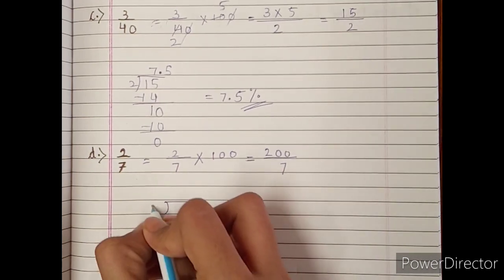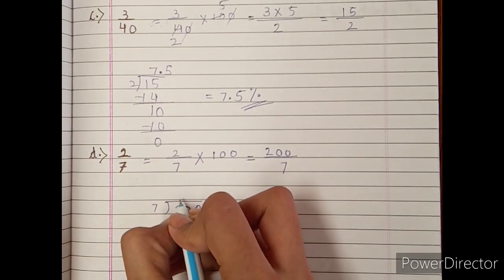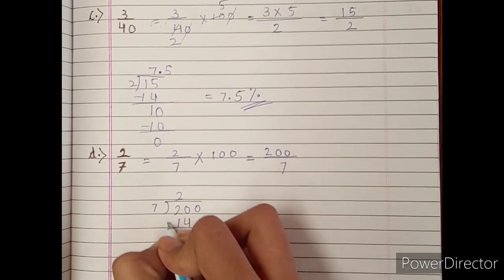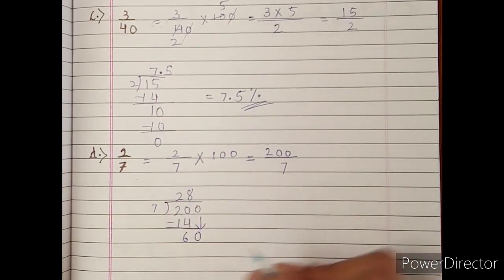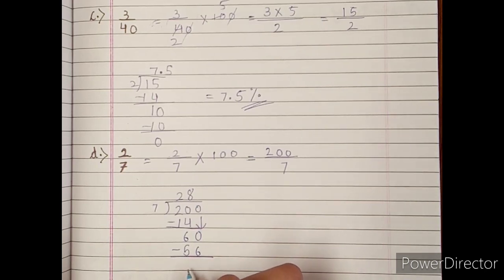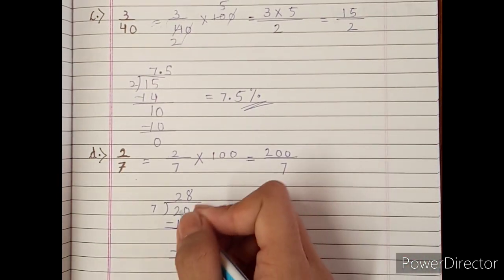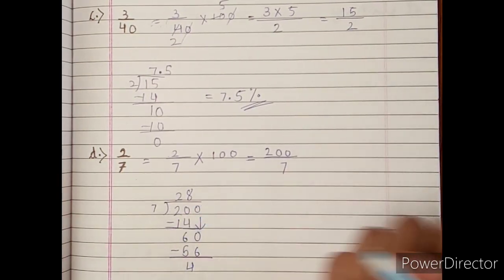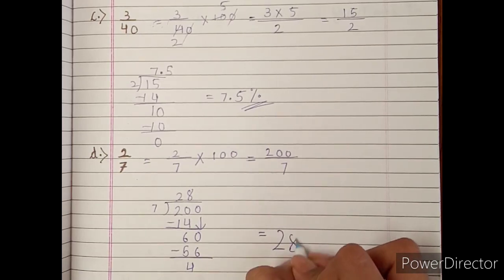So 200 divided by 7. 7 twos are 14. 20 minus 14 is 6. 0 down. 7 eights are 56. Minus, now 60 minus 56 is 4. If we don't have to calculate it further, add point and all, we can write it in mixed fraction also if the remainder is not coming 0, or if we don't want to write it in decimal.